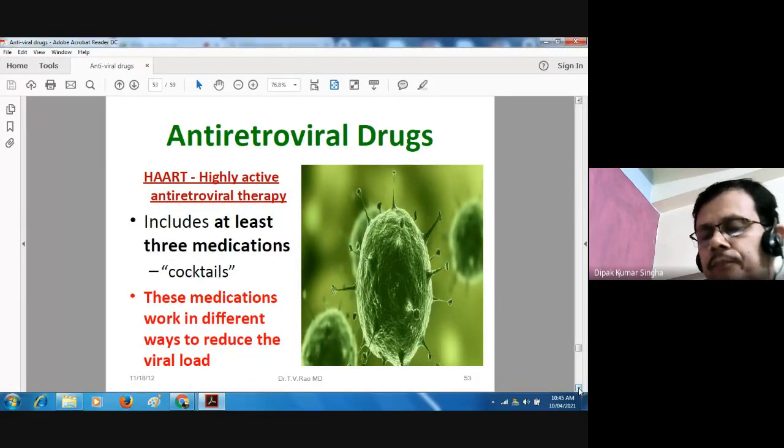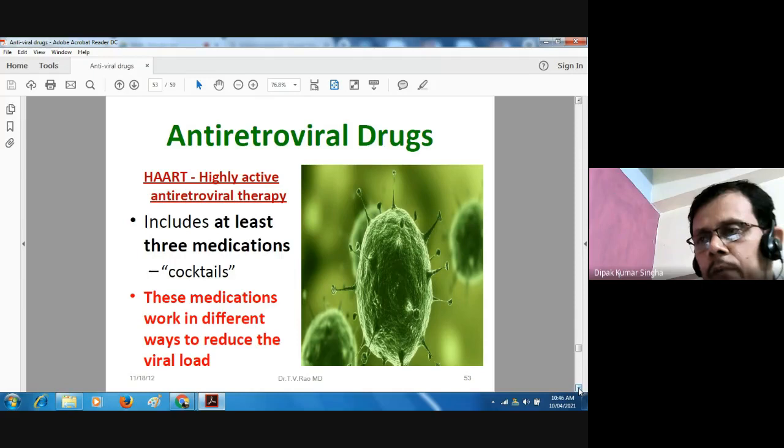Antiretroviral drugs. Actually, there are two types of virus: one is the RNA virus and the other the DNA virus. Now to start with the retrovirus. What is a retrovirus? Basically, the genetic material is RNA. That type of RNA virus is called a retrovirus. HAART, highly active antiretroviral therapy.